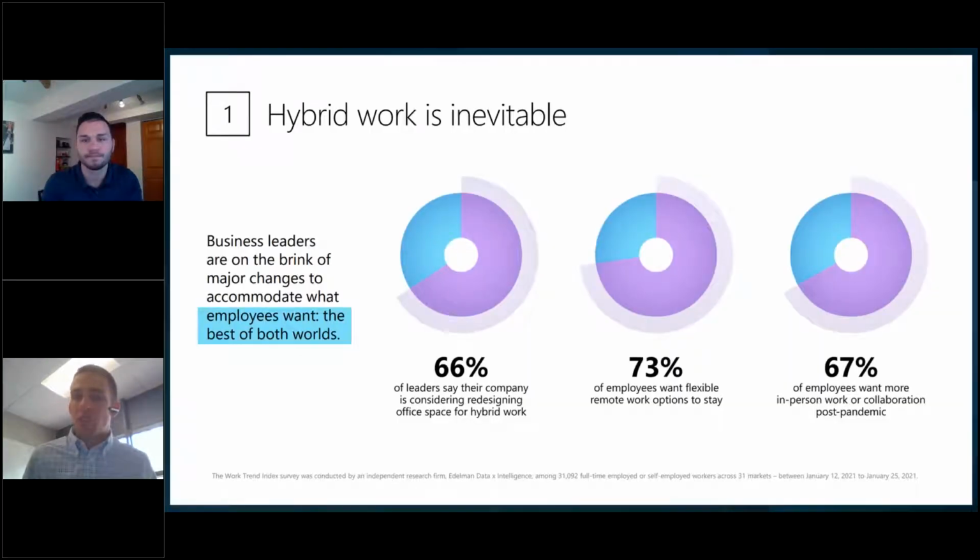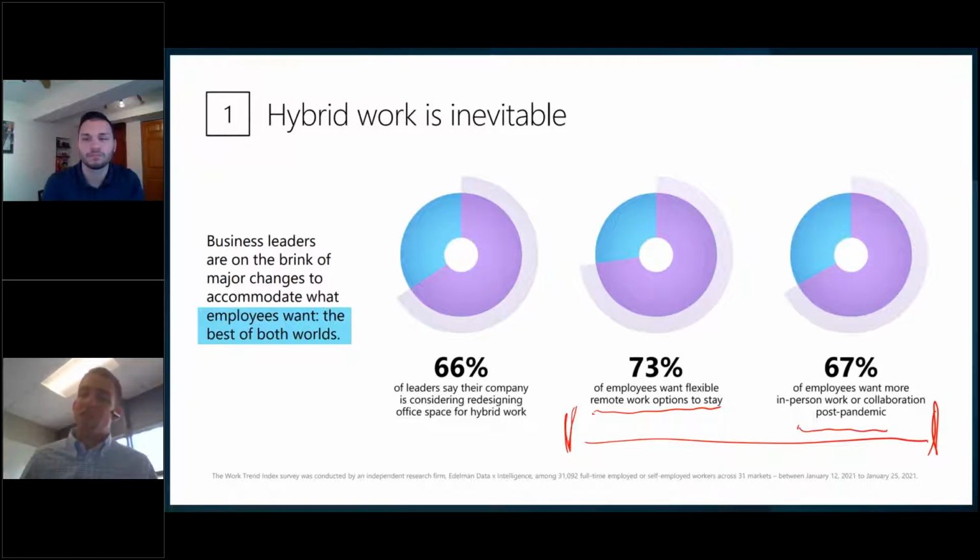When we think about the transition to hybrid work, realize that many employees understand and want to remain in a flexible remote work environment, and they're in a buying market as an employee. It's an employee's market. But they also yearn for that in-person work, and there's a tension that exists between these two points.